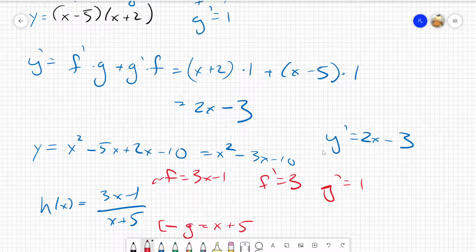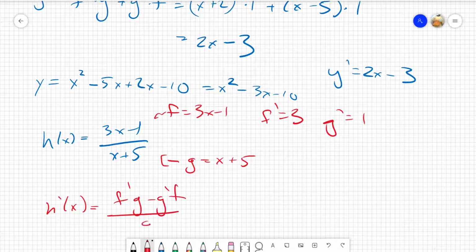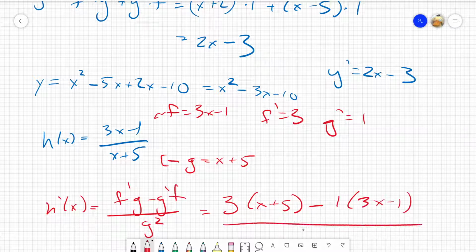So using the quotient rule here says h prime of x is f prime g minus g prime f all over g squared. And that is 3 times x plus 5 minus 1 times 3x minus 1 all over x plus 5 quantity squared.